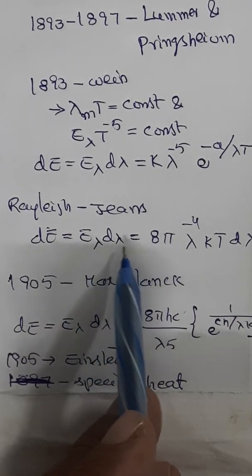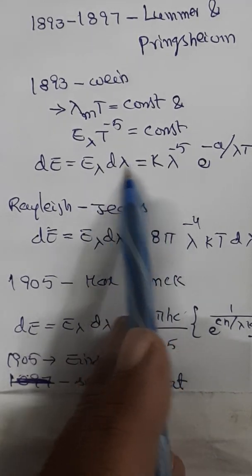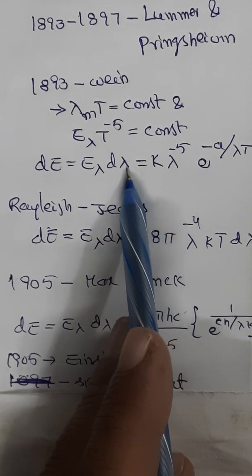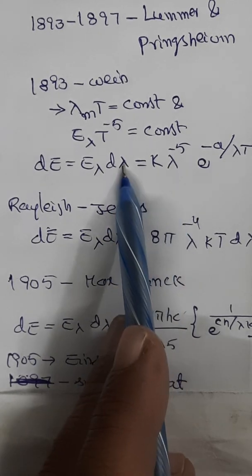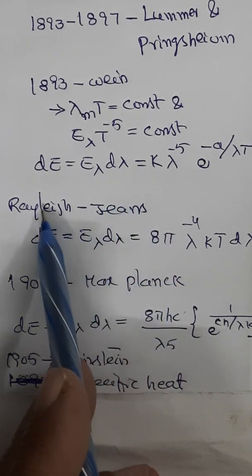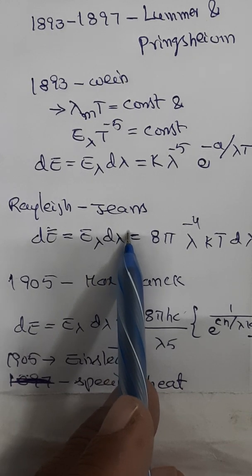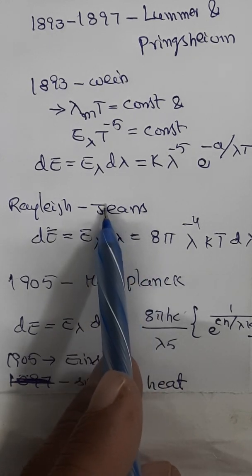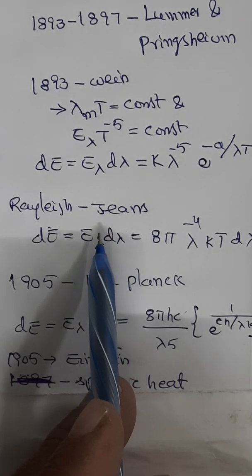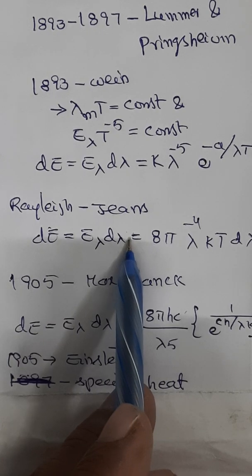This formula is found to be valid for shorter wavelengths, but it's not valid for longer wavelengths. And therefore, in order to remove this shortfall from Wien's formula discrepancy, two more scientists popularly known as Rayleigh and Jeans developed a theory for the spectral distribution of black body radiation by the application of electrodynamics and statistical mechanics.